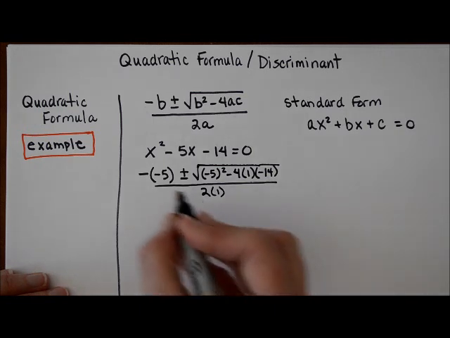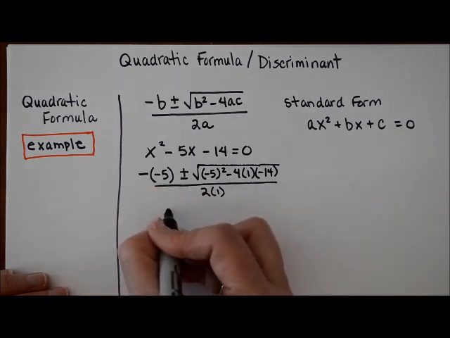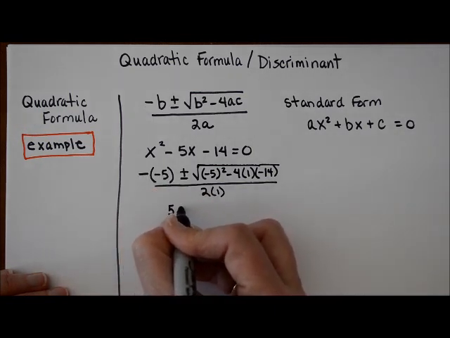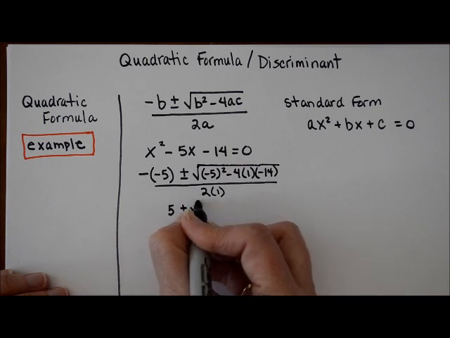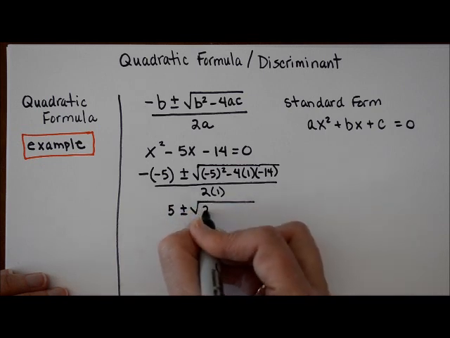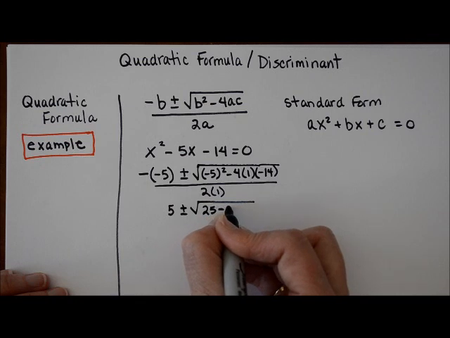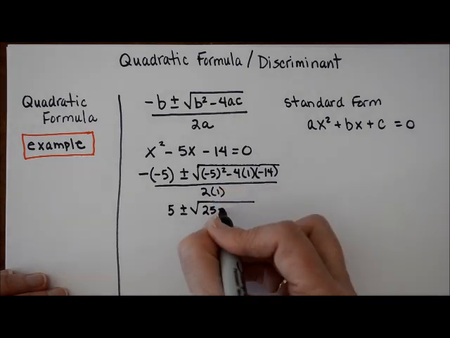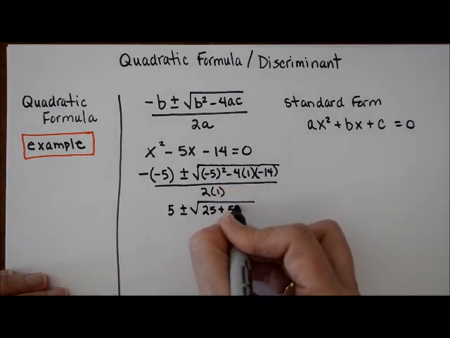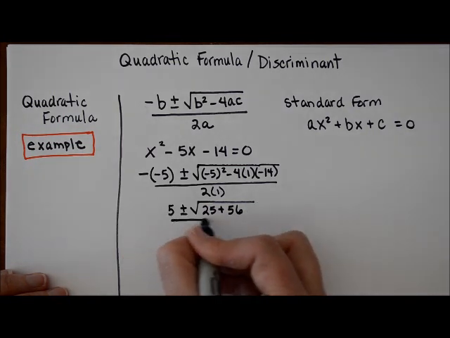Okay, and then I'm going to simplify this. Opposite of -5 is 5, plus or minus the square root of 25, right? Plus, I have a negative times a negative, that's going to give me a positive 56, I'm thinking there, all over 2.